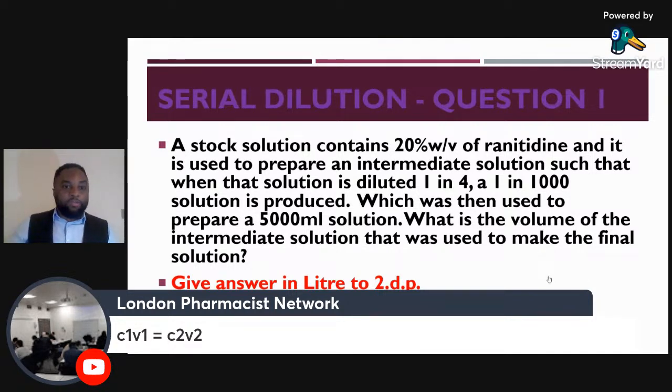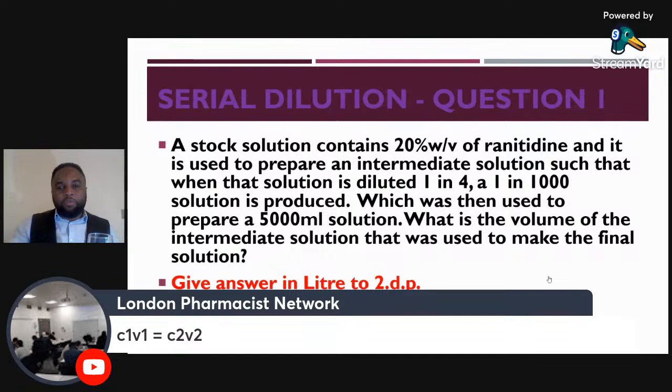Say I have 25 ml of solution in this glass. I get 4 lots of 25 ml, add it all into here, and it becomes a 1 in 4 dilution. Does that make sense?